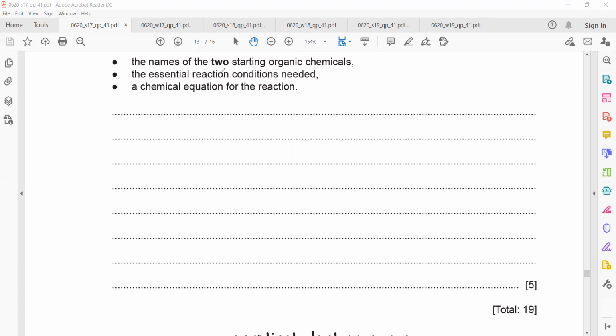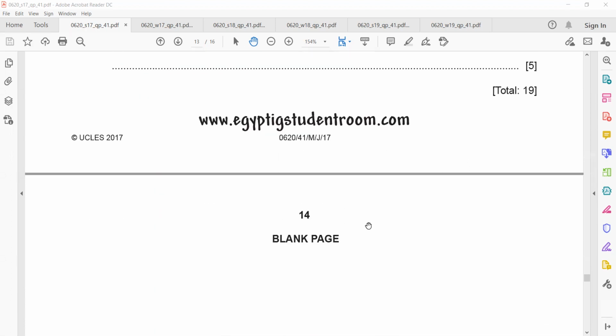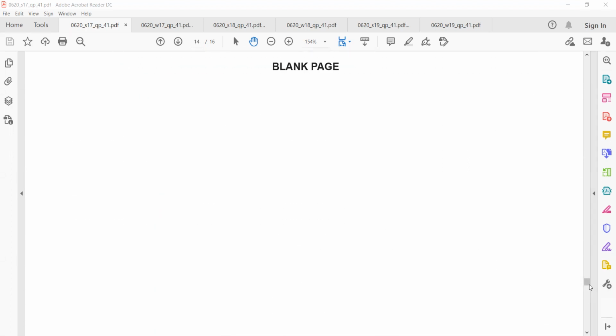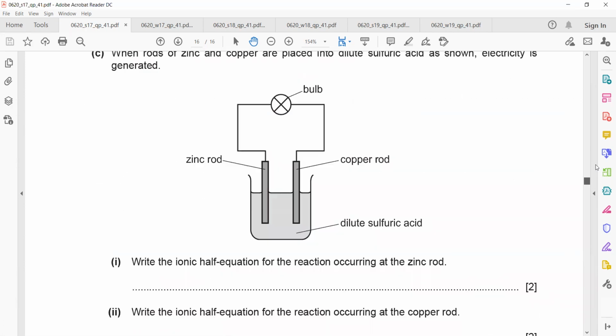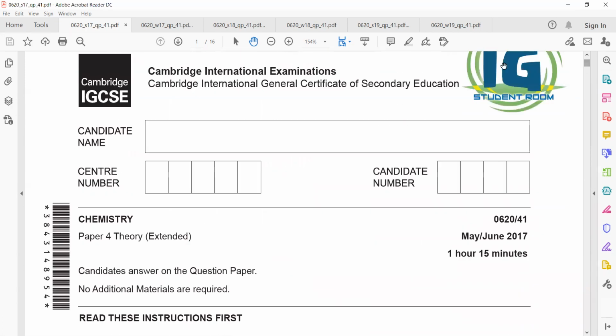So it's better you revise organic chemistry on a daily basis so that you will not lose these marks. One chapter is about alkanes, alkenes, alcohols and carboxylic acids, and the second one is about polymerization.